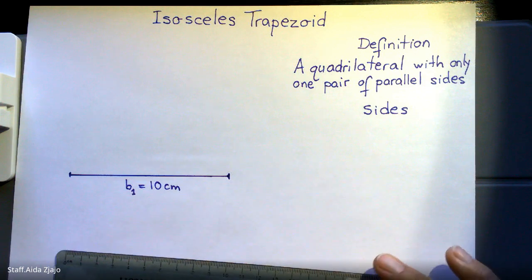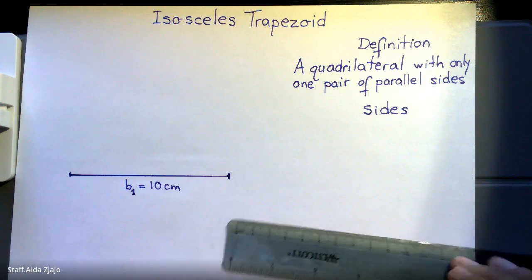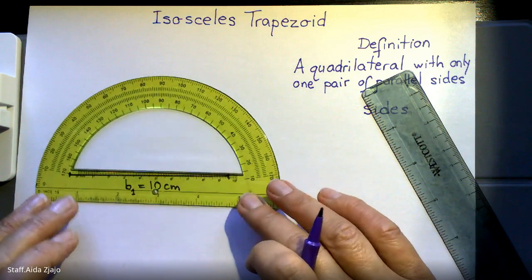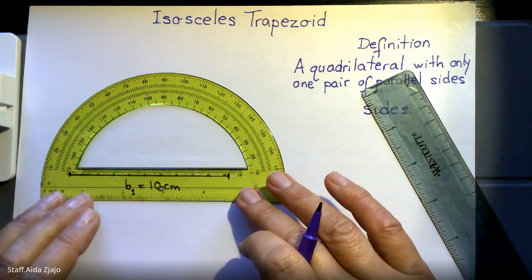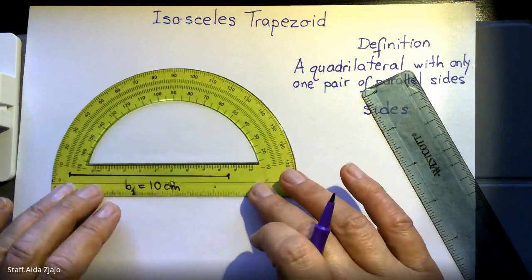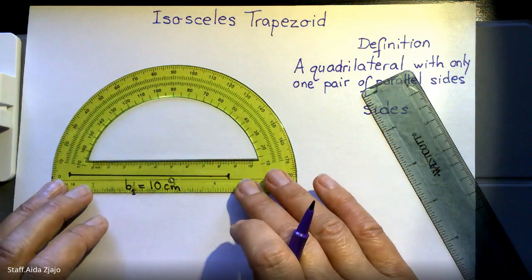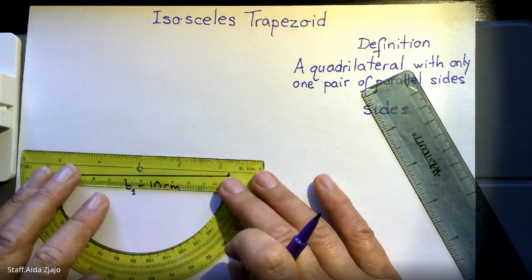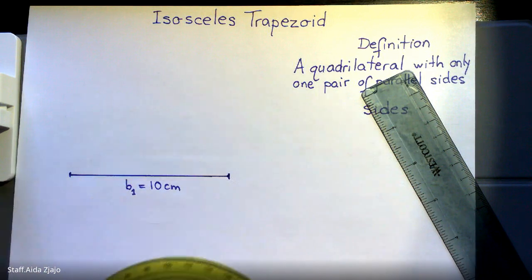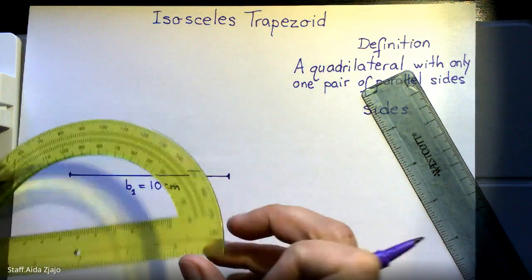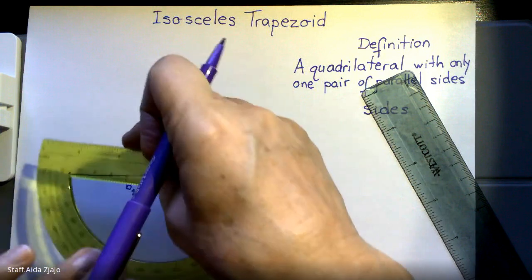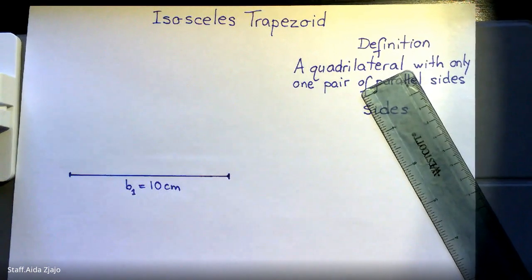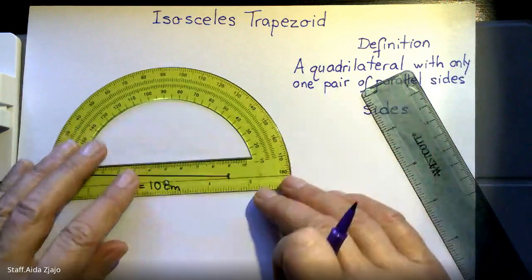Okay. Now we can think about the angle of the trapezoid. So if I choose this base to be, let's see, 60 degrees angle, I can use my protractor the other way.